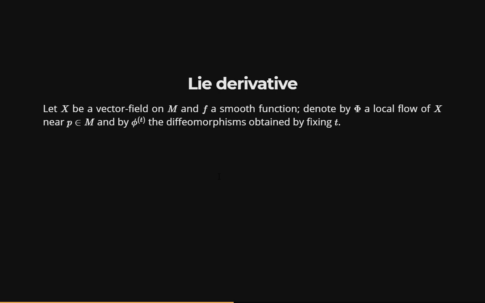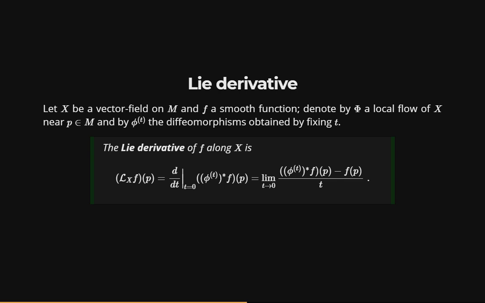Of a small ball around p. It's a local flow, and V in the definition of a local flow is a small ball around your point p. The Lie derivative of f along X is this thing: the derivative in time at time 0 of the pullback of f through phi of t.